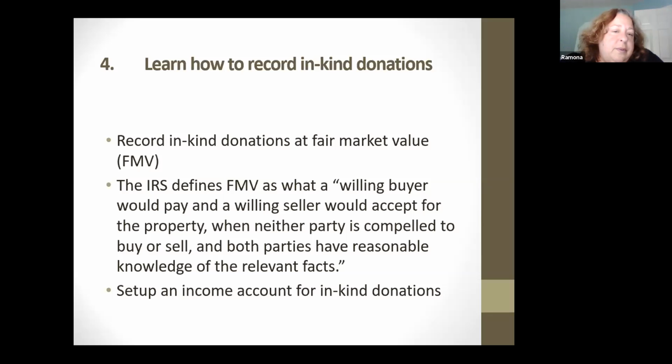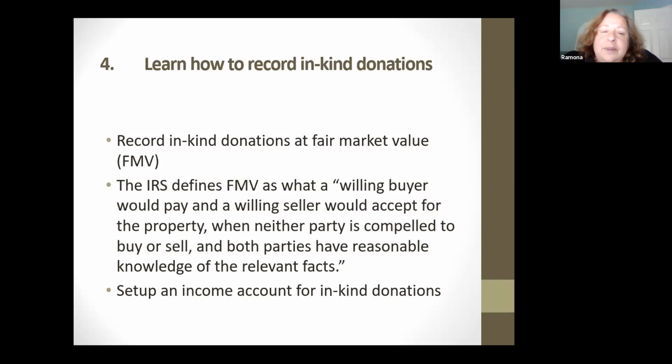For those of you in the nonprofit world, you know in-kind donations: an attorney who volunteers their time and doesn't send a bill to the organization, or a car that has been given to an organization, which it's either going to use or raffle off. It's anything that is not a check or some form of cash.